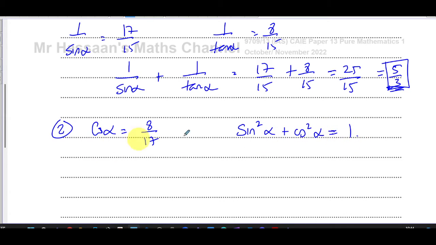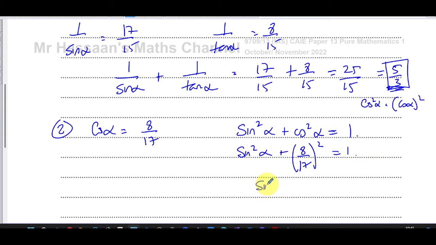Now remember, this has to be squared. It can't be sine alpha plus cosine alpha equals 1. No, it's sine squared alpha plus cosine squared alpha equals 1. And remember, cosine squared alpha is the same as cosine alpha all squared. So this is going to be sine squared alpha plus 8 over 17 all squared equals 1.